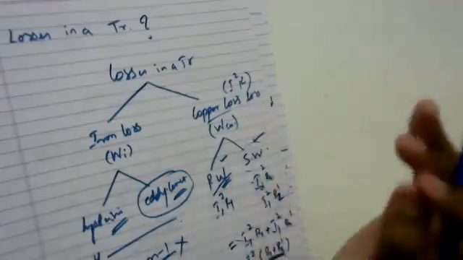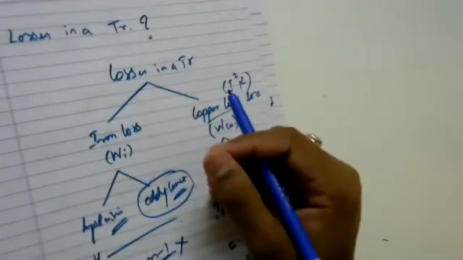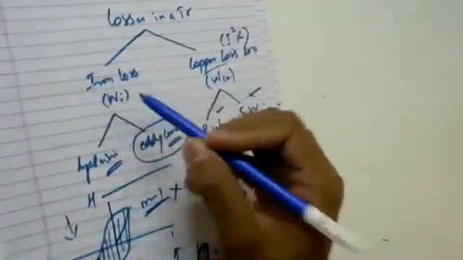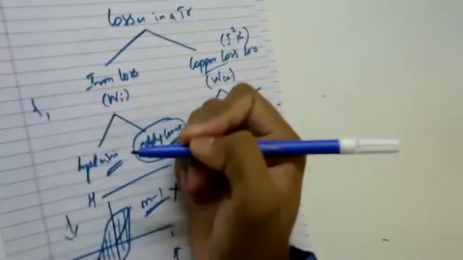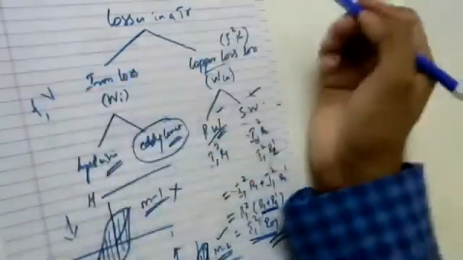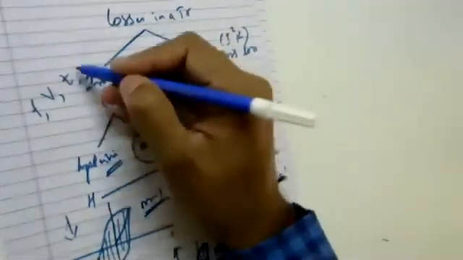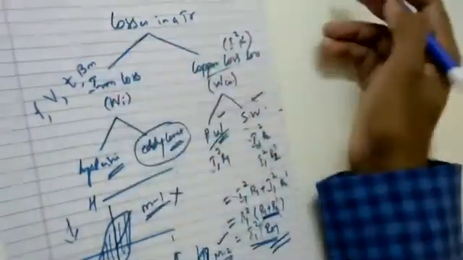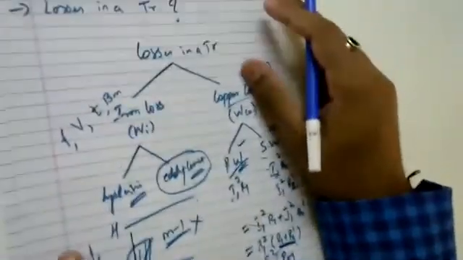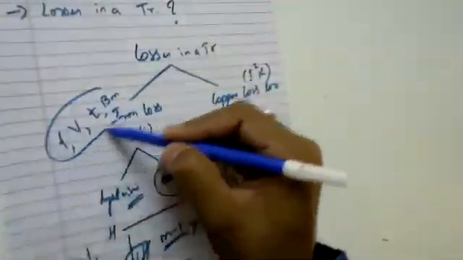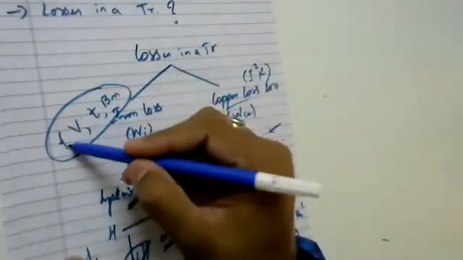Now a very important point that I would like to mention is that this iron loss depends upon frequency, volume, thickness, and magnetic flux density.